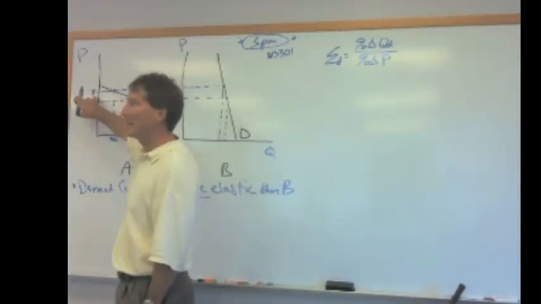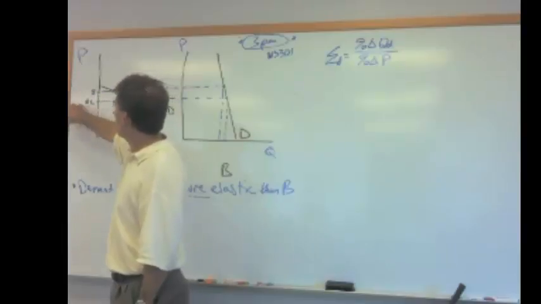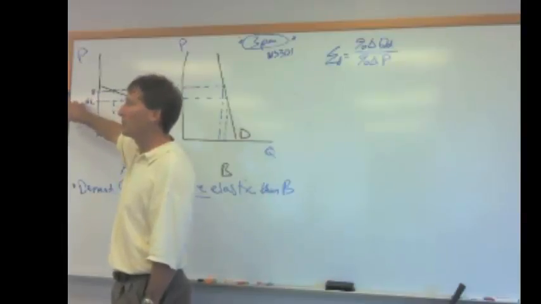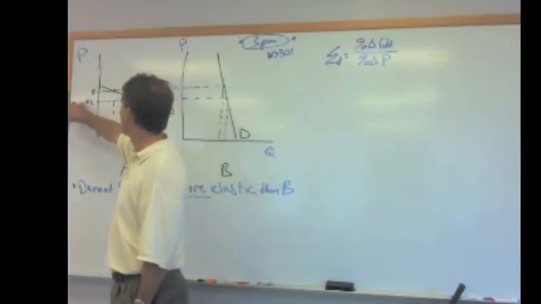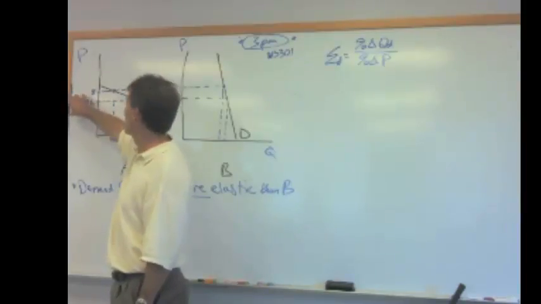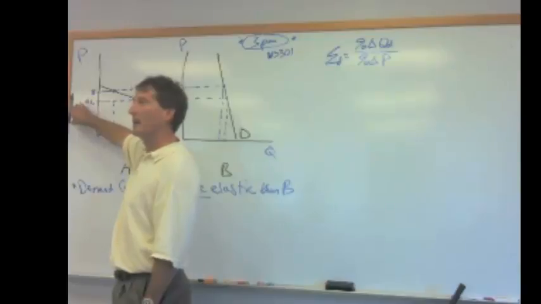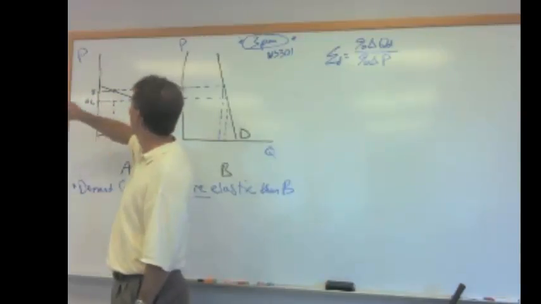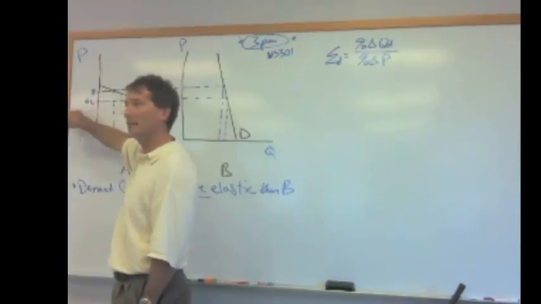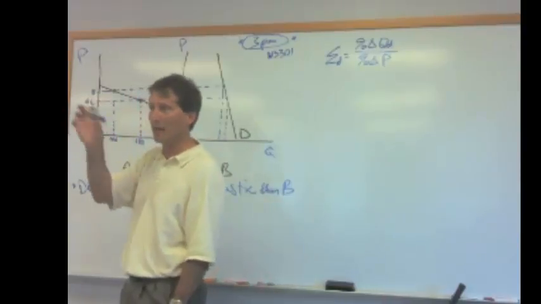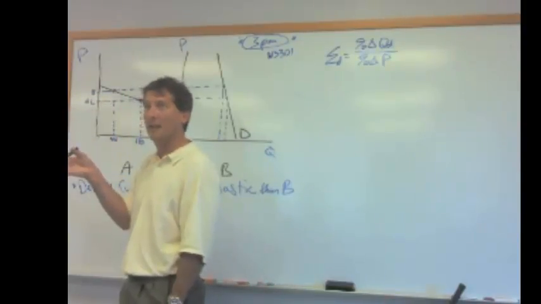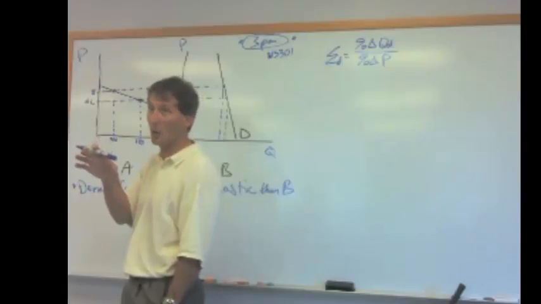And the reason is that if I do a $2 price change and price went up from 6 to 8, the new number's 8, the old number's 6. So it's 2 divided by 6. But if I do a price decrease, it would be 2 divided by 8. You see how we're getting a different percentage change, 2 eighths versus 2 sixths, 33% versus a quarter, 25%.